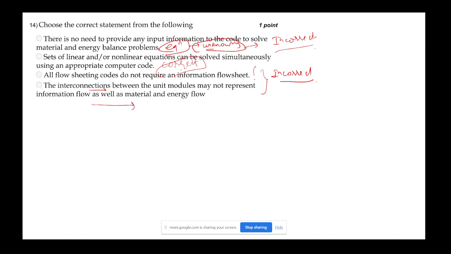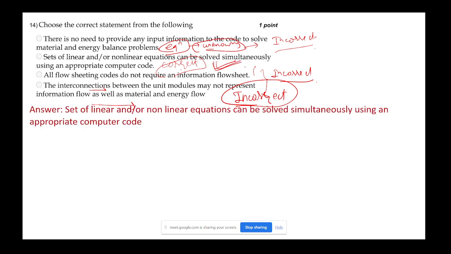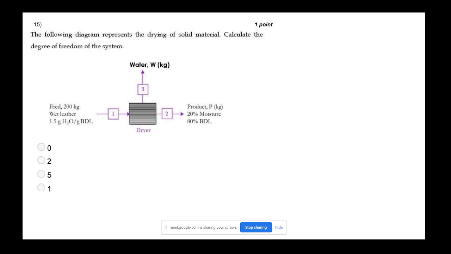So this is also an incorrect option. Okay, so the correct answer in this question is option B. A set of linear and non-linear equations can be solved simultaneously using an appropriate computer code.